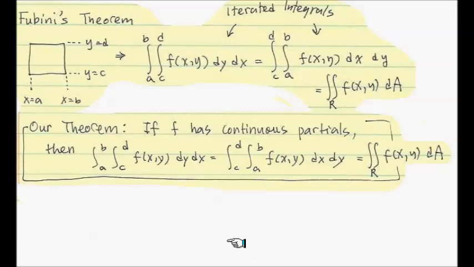So let me remind you of Fubini's theorem, the way it was introduced there. This is the rectangular region we're looking at, and these are the two iterated integrals. It doesn't have to be the volume of anything, it's just a repeated integral. As long as it makes sense, it's just two objects. Fubini's theorem says these two things are equal to each other.